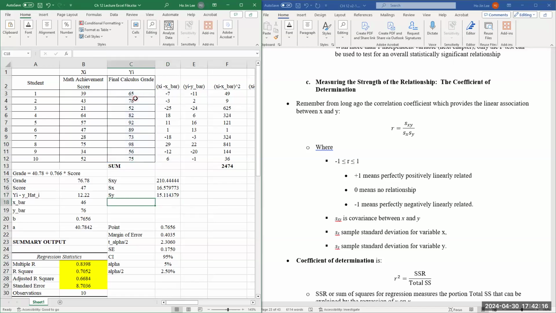So R would equal this guy divided by this guy times this guy in the denominator. And we got 0.8397, blah, blah, blah. And there it is right here.